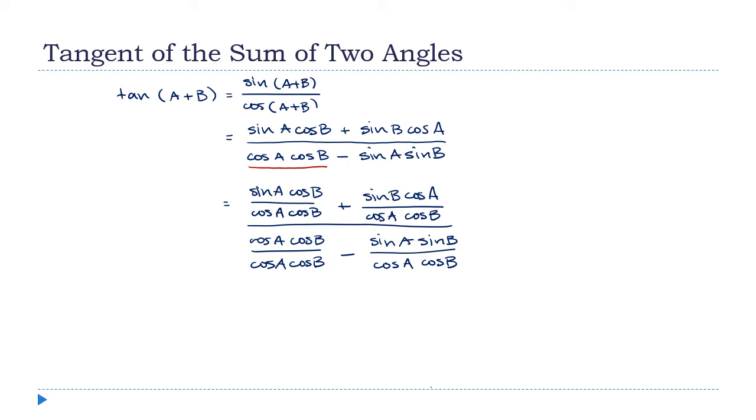In the top left part, those cosines of B go away. In the right-hand part, the cosines of A go away. And in the denominator, the cosines of A and the cosines of B go away.